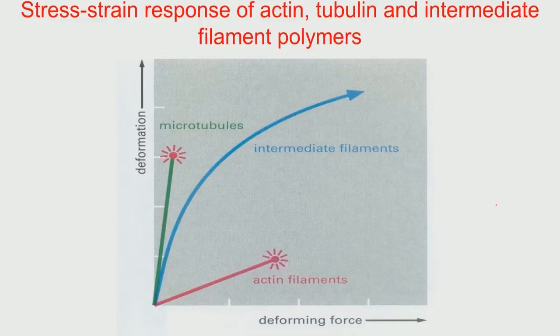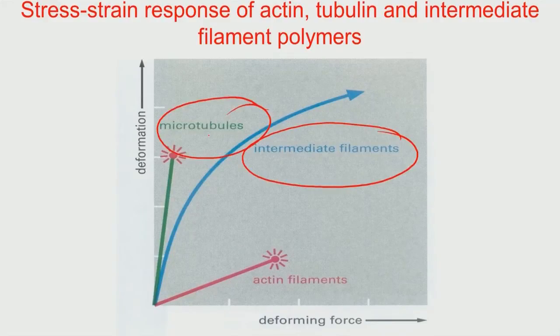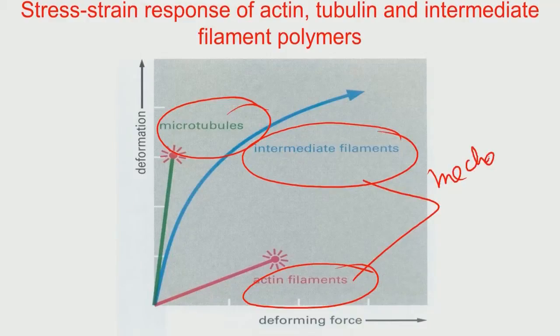Now, their mechanical properties are important, because you remember that intermediate filaments, microtubules and actin filaments together provide structural mechanical support to various cellular organelles.